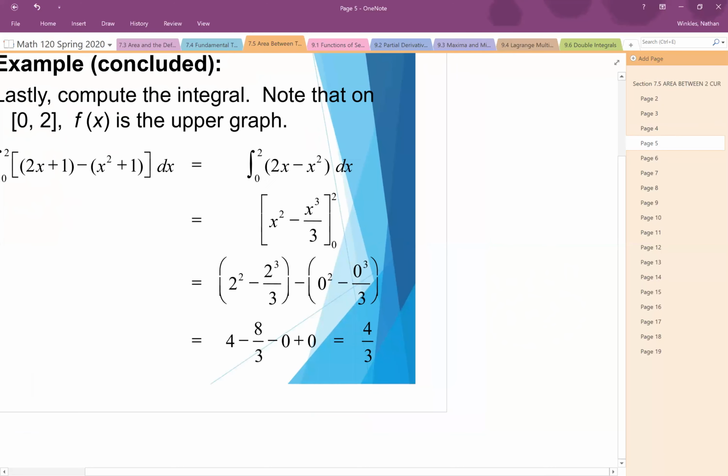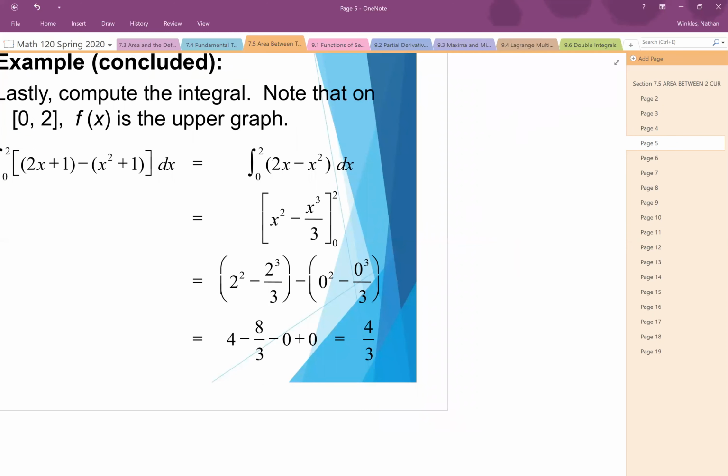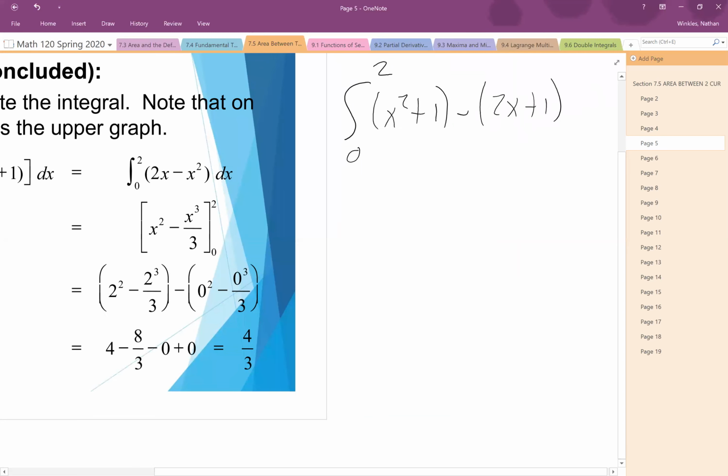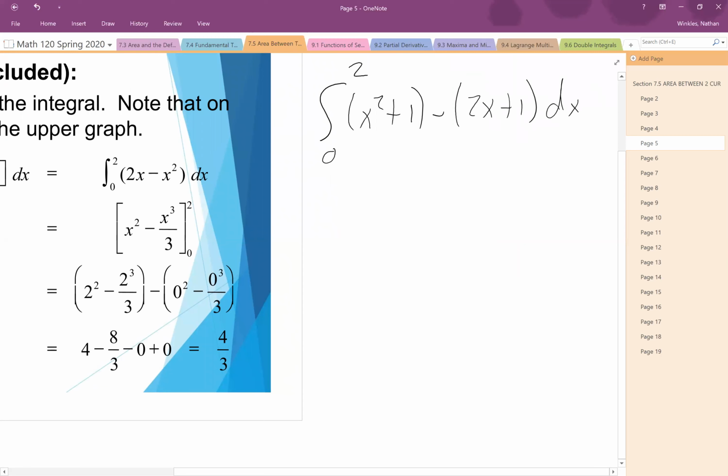Now, say we picked it the other way. Say we did the integral from 0 to 2 of x squared plus 1 minus the 2x plus 1 dx. So this is the integral from 0 to 2 of x squared minus 2x dx, or x cubed over 3 minus x squared evaluated from 0 to 2.